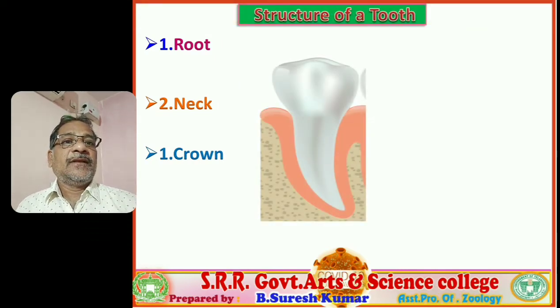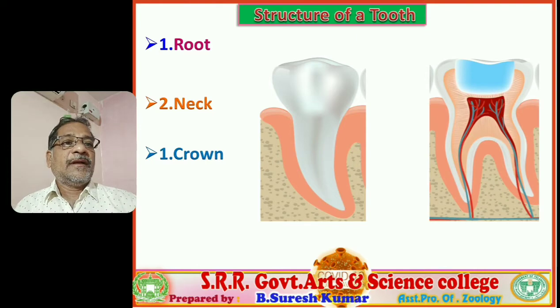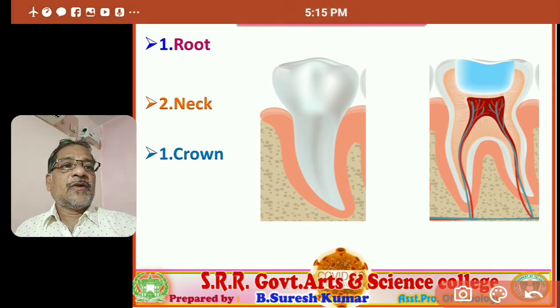You observe, this is root, neck, and crown. Three parts are there. Let us observe these three parts in the visual. This is the tooth embedded in the socket of the jawbone, and you observe what the parts are. This is root, this is neck, and this is crown.